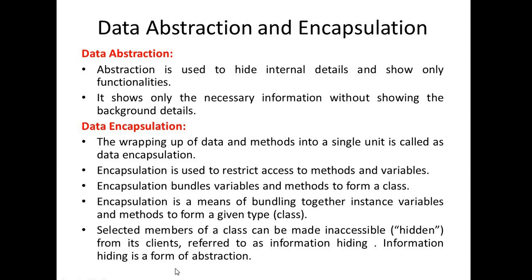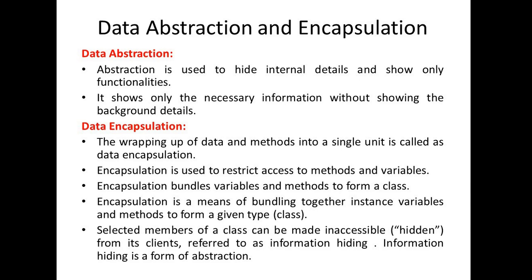Information hiding is a form of abstraction, and this abstraction is possible only if we have data encapsulation, because data encapsulation combines the data and methods together as a single unit. Likewise, the entire program is divided into many parts, and in each part we have a certain number of data and functions bundled together.